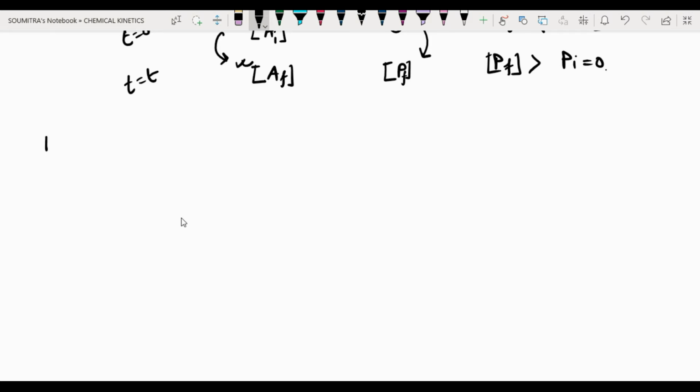Now see, the rate of reaction with respect to the reactant.